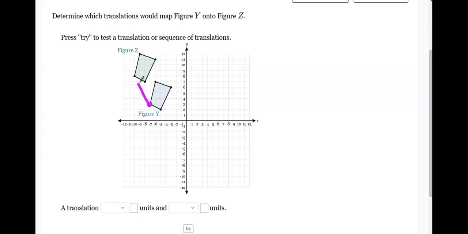But I'm only allowed to move along the grid lines, not diagonally. So what I want to do is get from this purple dot to that purple dot by only moving up and down or left and right.